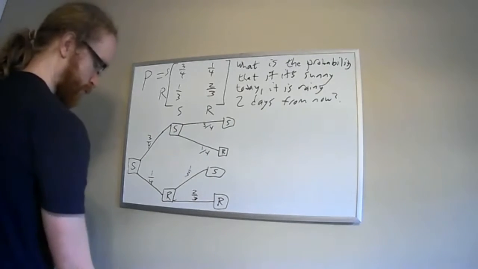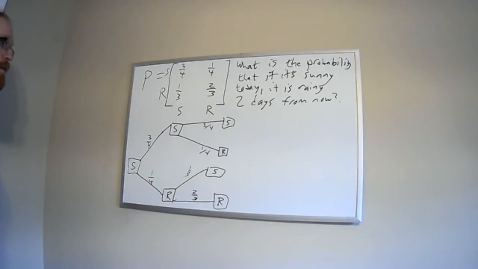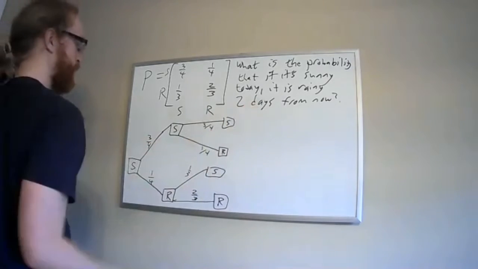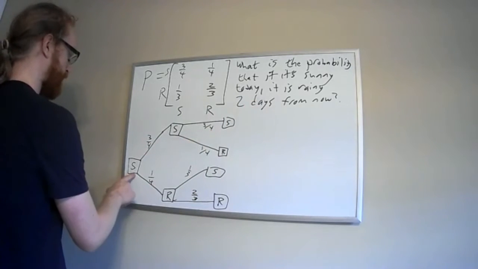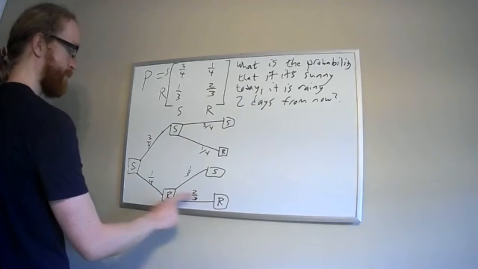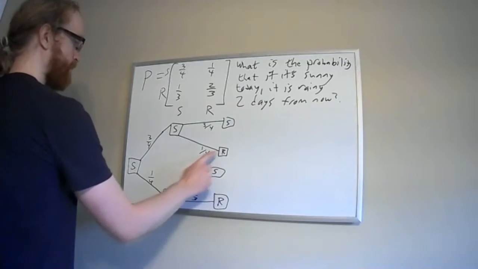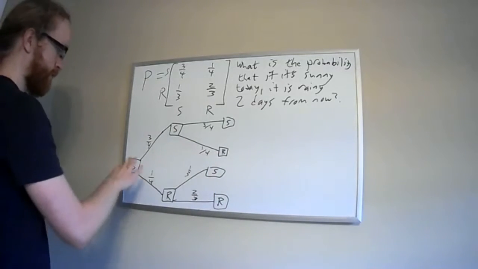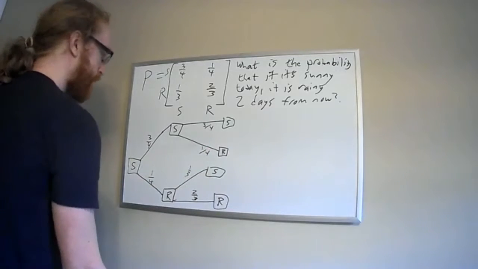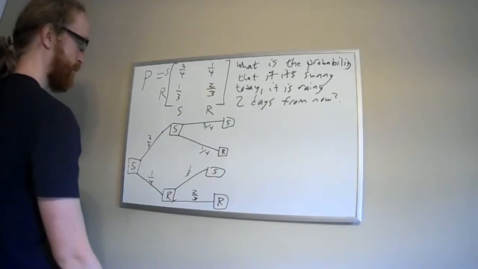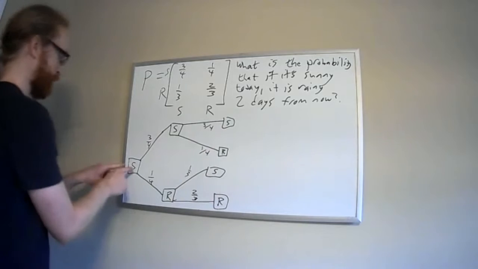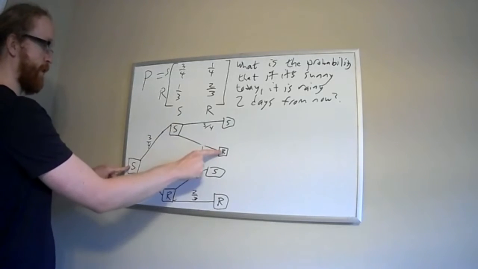And now if I want to answer this question about the probability of it being rainy 2 days from now, I need to find any path that ends on rainy after 2 steps. And I need to multiply the numbers and add them together. So there are 2 such paths, right? There's one that starts at sunny, goes to sunny and then goes to rainy.